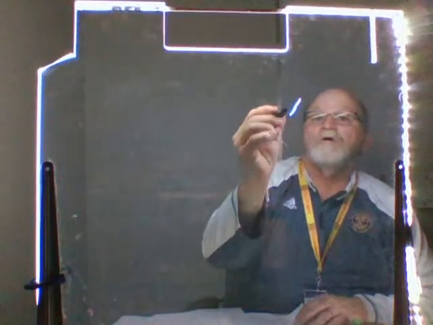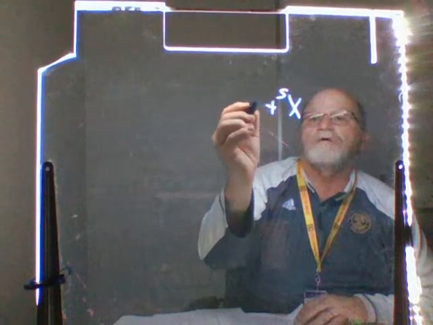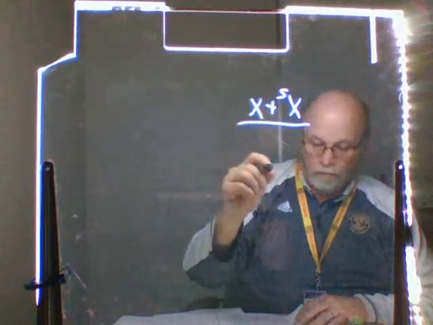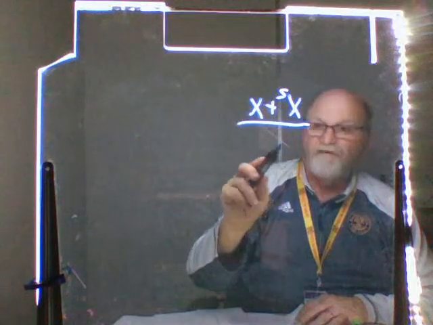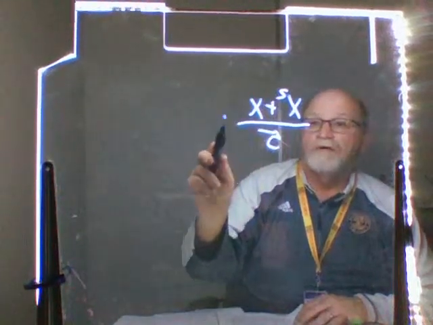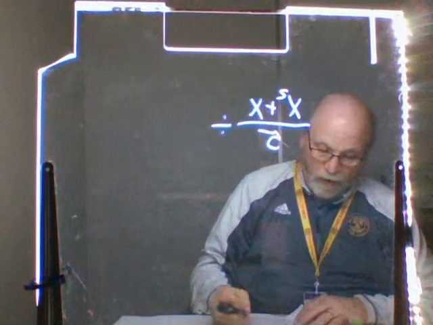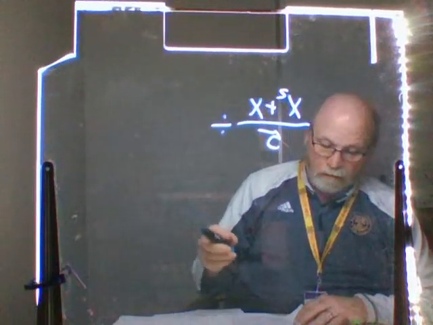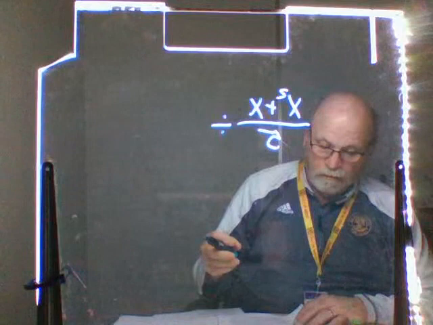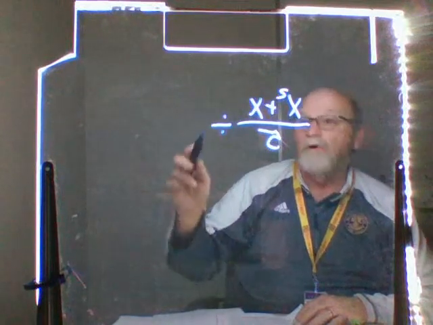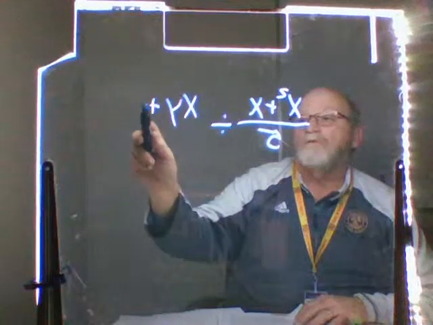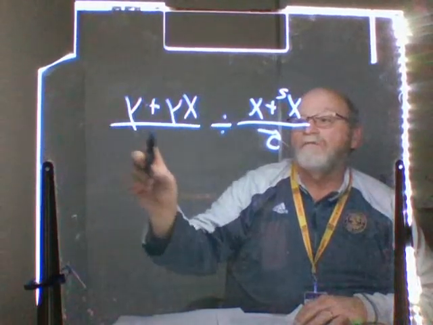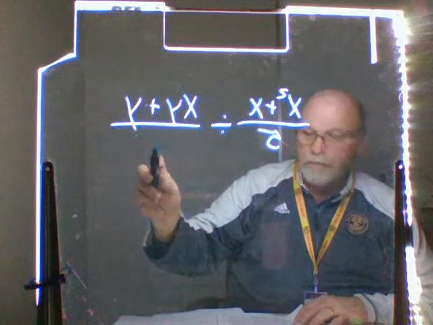So let's say we have this. We have x squared plus x all over 5, and we're going to divide that by xy plus y all over 25.